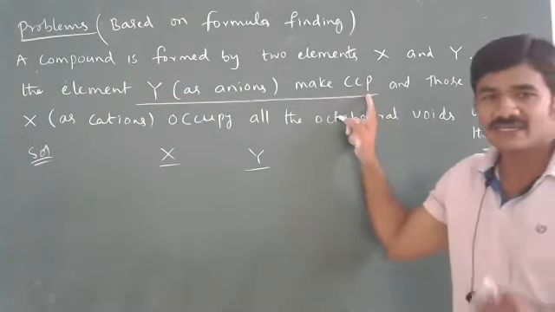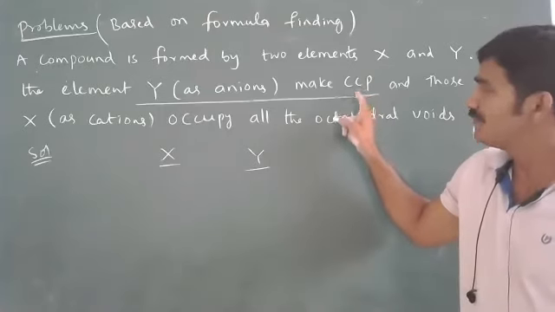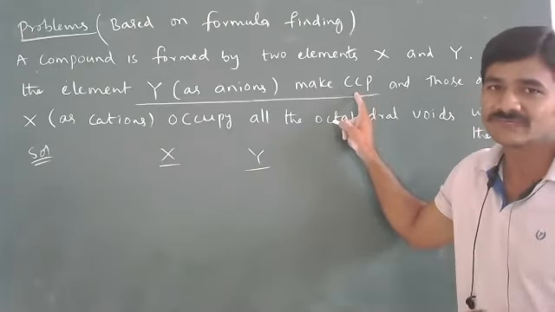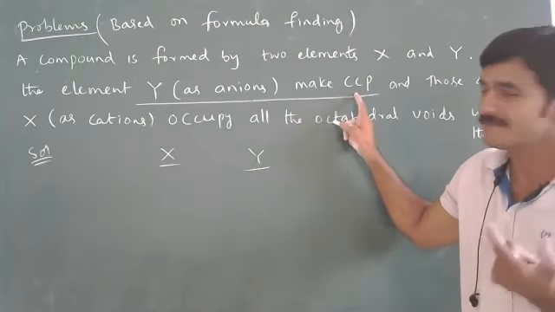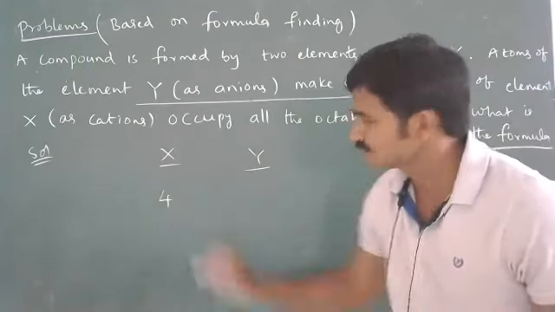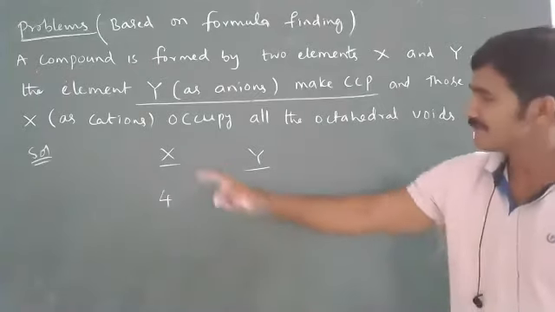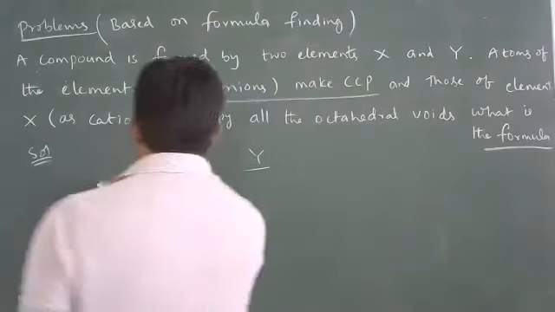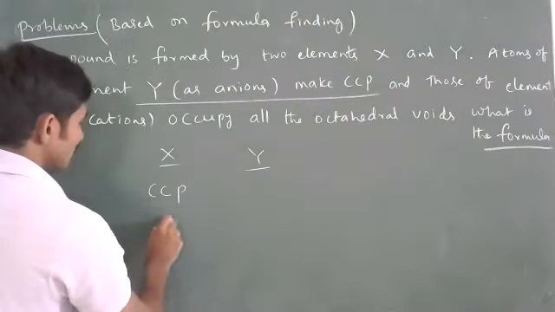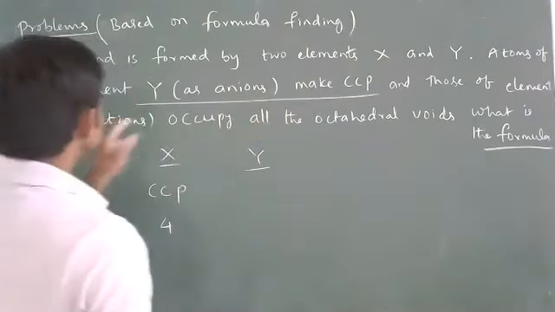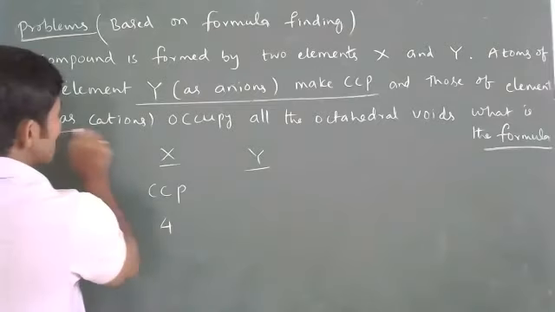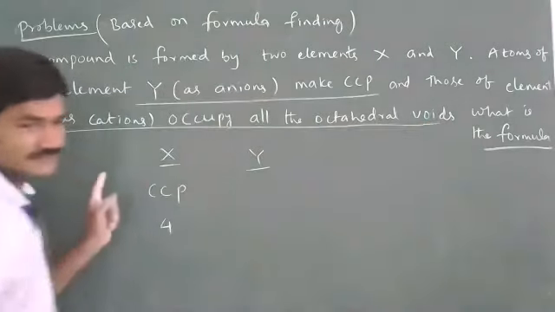If Y makes CCP, how many atoms are in CCP? In FCC or CCP or HCP, the number of atoms is 4. Right? It forms CCP, so atoms are 4.